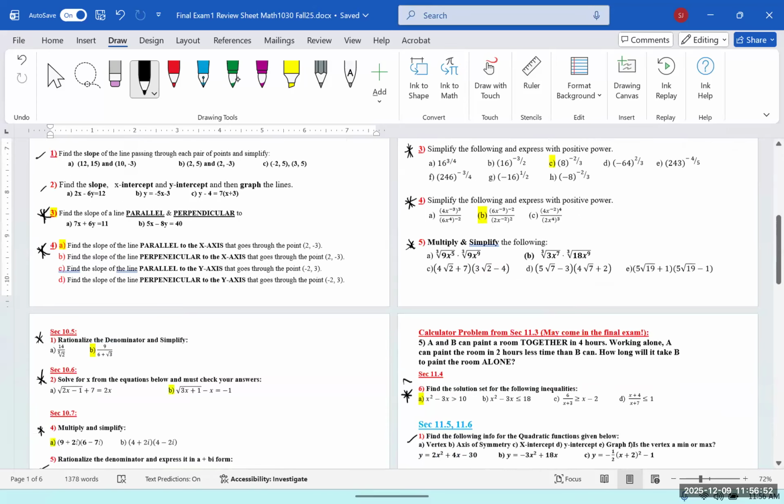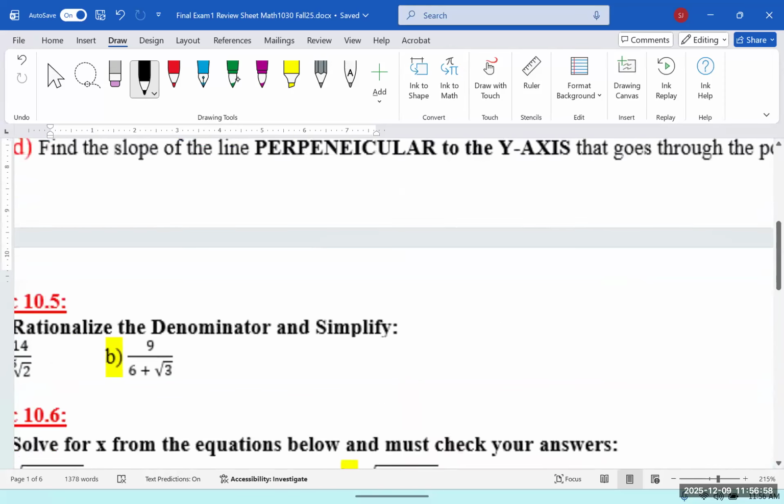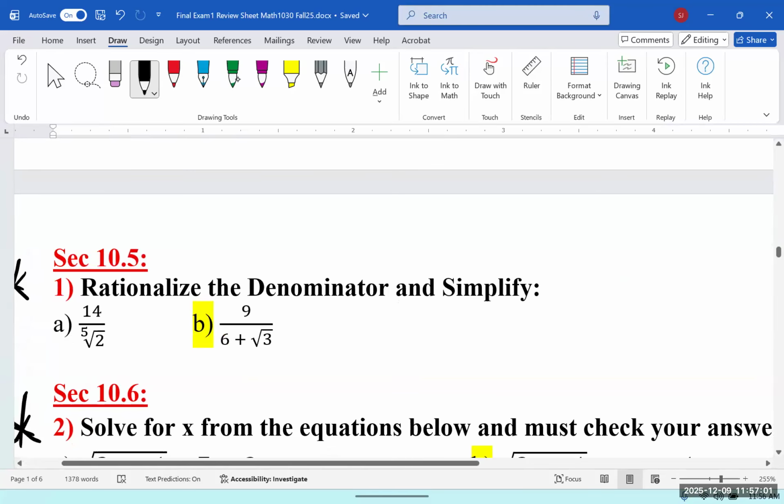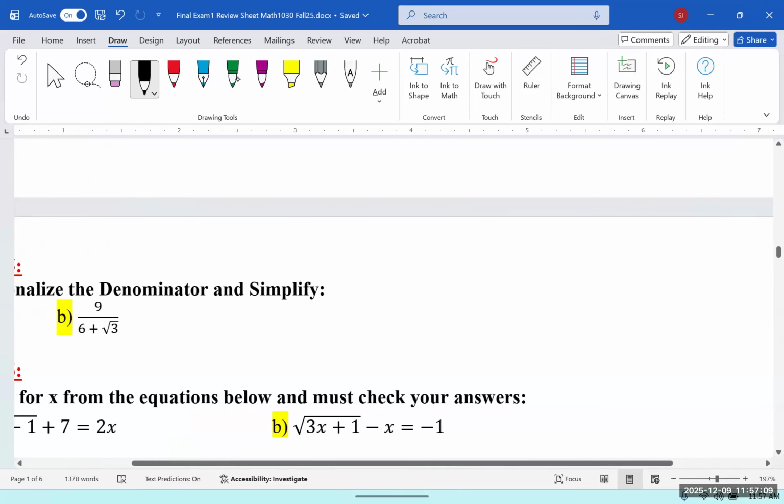It's 10.4, I believe. There is no 10.4, it's 10.5. You mean this one, right? Rationalize the denominator. No, it's before rationalize the denominator and simplify. Okay.